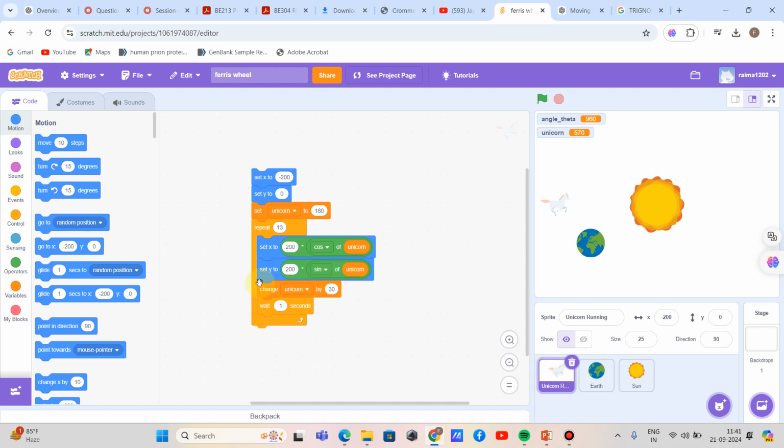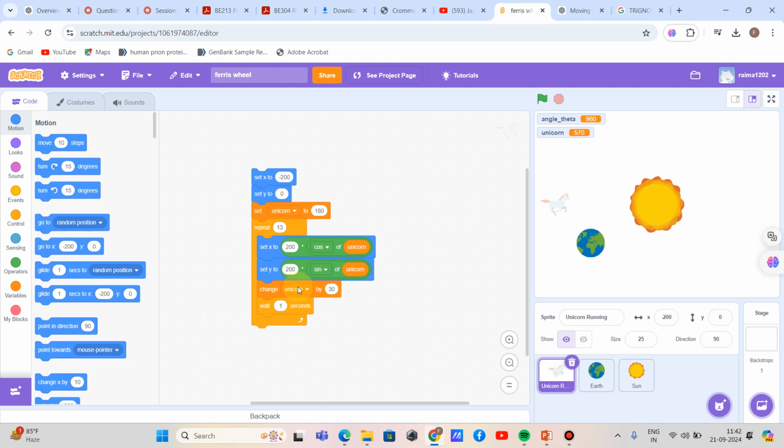As I have used the set x and set y blocks, as this loop iterates in its range, it's going to change the position of the sprite. I tried to use go to x or go to y, but it just didn't work, so I used the set blocks.